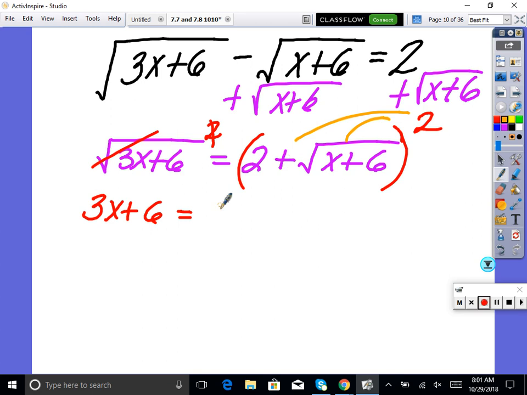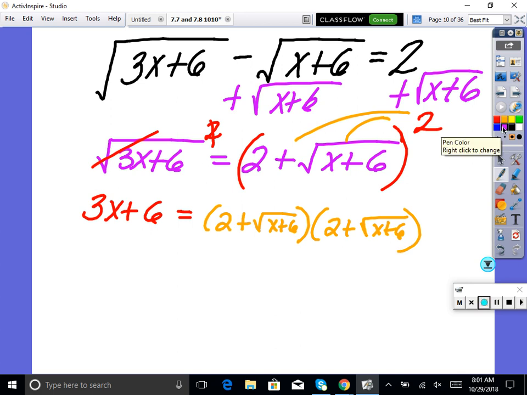So this one we have no other choice but to do 2 plus root x plus 6 times 2 plus root x plus 6. Now we just learned in the last lesson how to multiply out radicals, so it's actually not that bad. So let's go through and see if we can solve this one here. So now we have this, 3x plus 6 is equal to, let's distribute this out. 2 times 2 is 4.